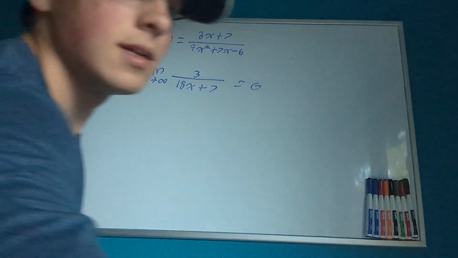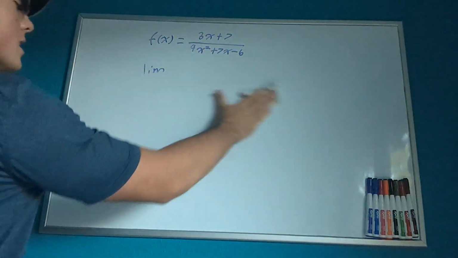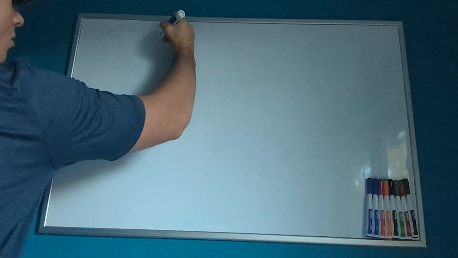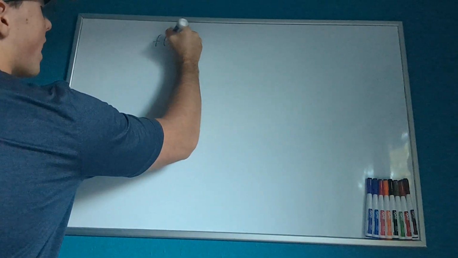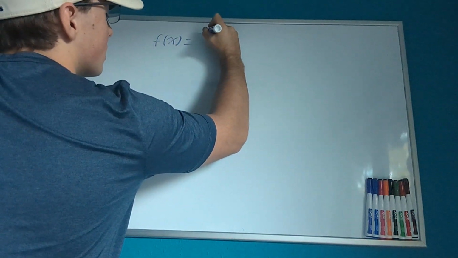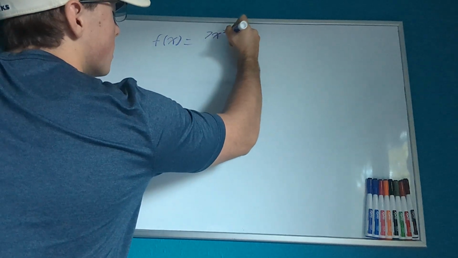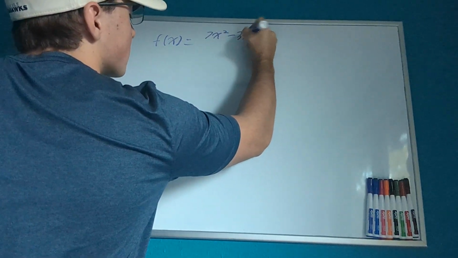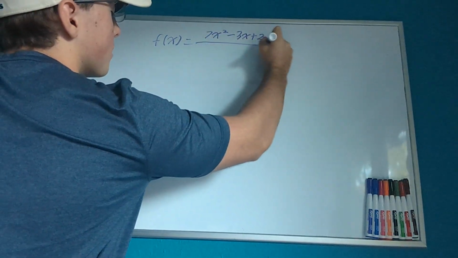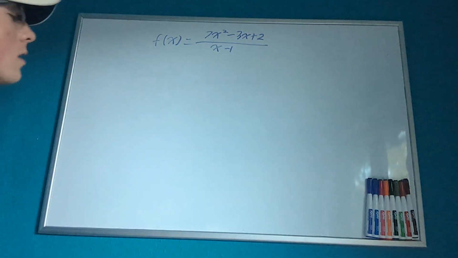But then, let's try to do one more, and let's see what happens when we have an oblique asymptote, right? f of x equals 7x squared minus 3x plus 2 divided by x minus 1, okay?